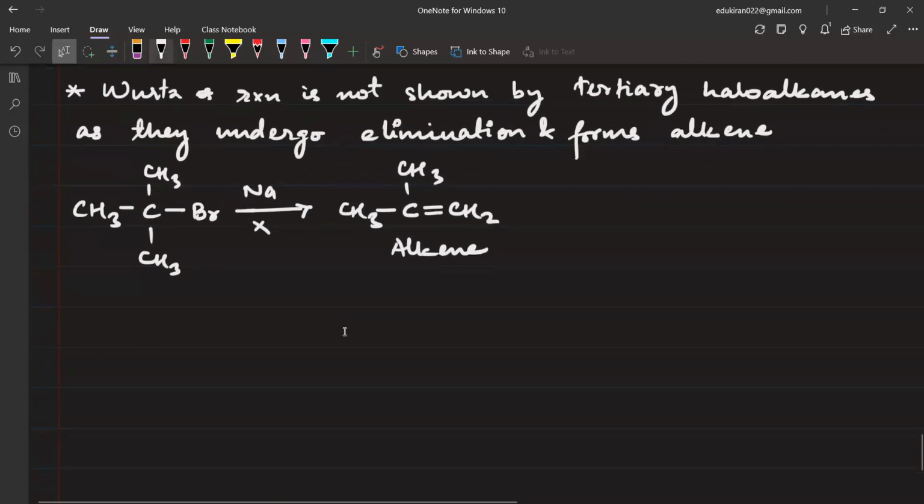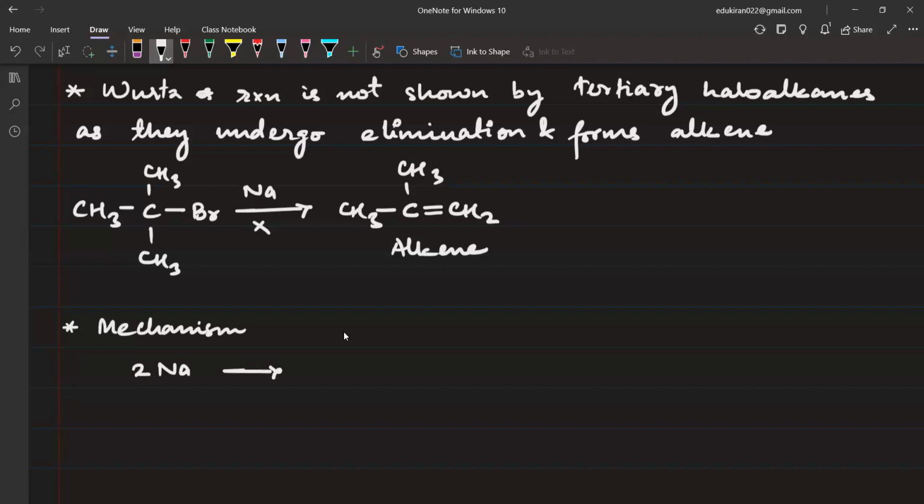Lastly, see the mechanism here. First of all, we have sodium. Two sodium atoms are going to give two Na positive and two electrons.